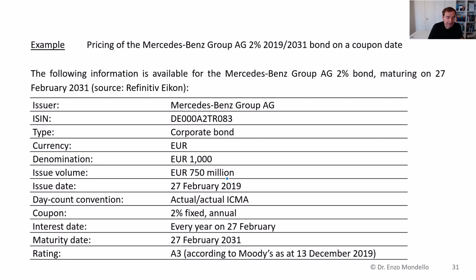Then the day count convention is given to calculate the accrued interest. That's actual ICMA. So we take the actual days in a month divided by the actual days that we have in a year. So either 365 days or for a leap year 366 days. And the ICMA stands then for the International Capital Market Association, which is located in Zurich.